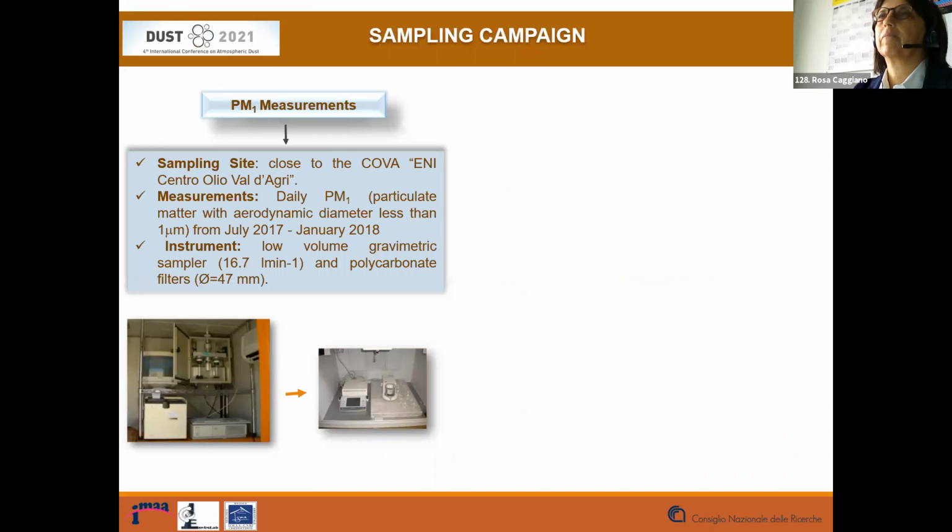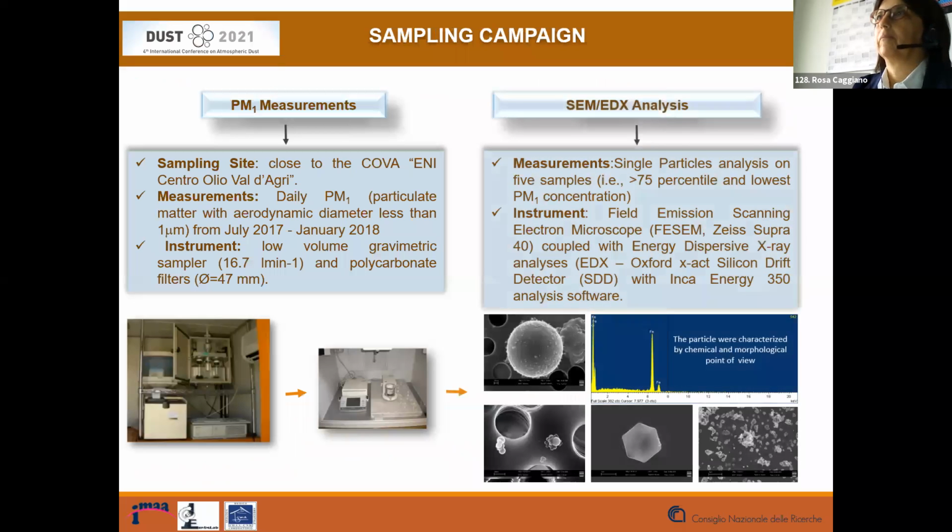Data shown in this study refer to measurements of PM1 daily mass concentration of fine aerosol particles between July 2017 and January 2018 using a low-volume gravimetric sampler. Five samples were selected for field emission scanning electron microscope observations that included morphological and elemental analysis of single aerosol particles.